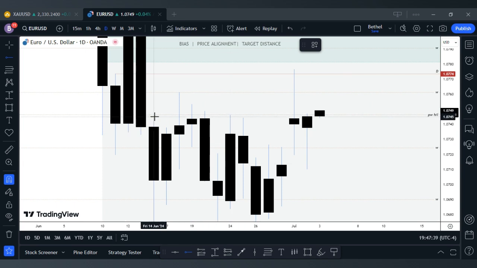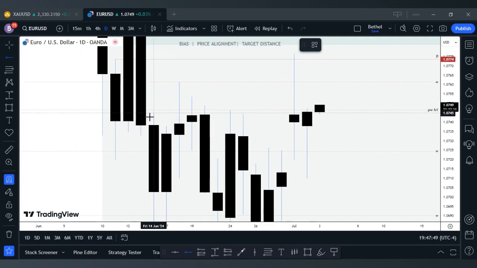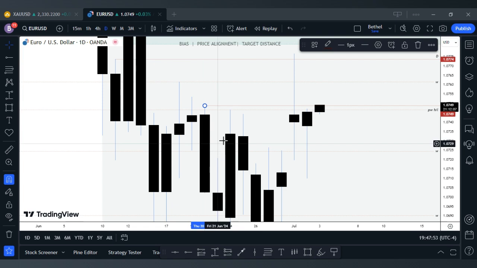This one would have been interesting, but it has already been taken out here, so we're actually looking for buys. That daily is no longer important.